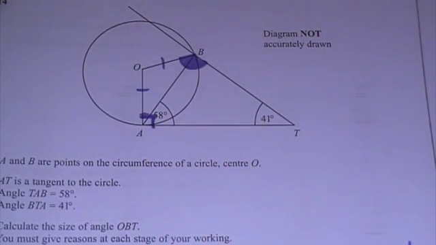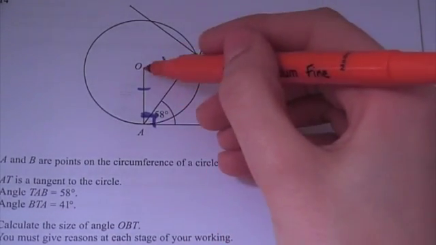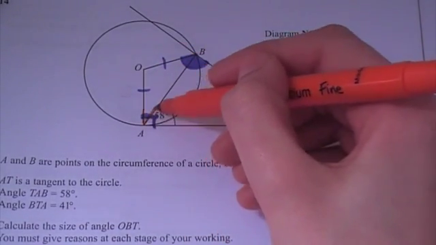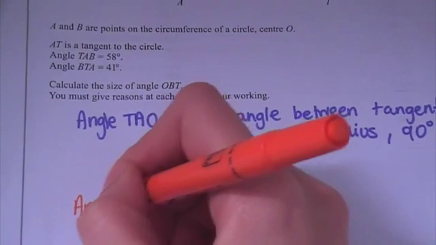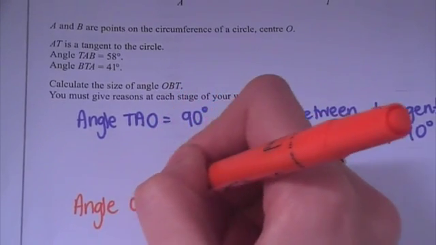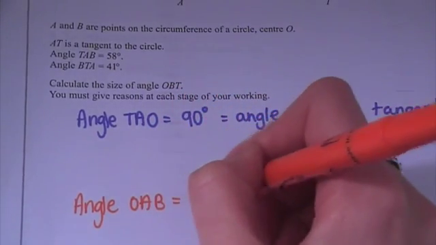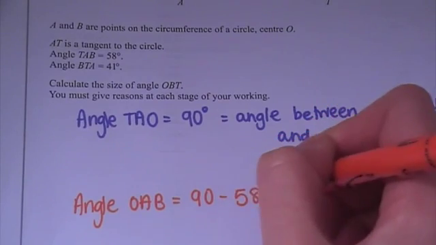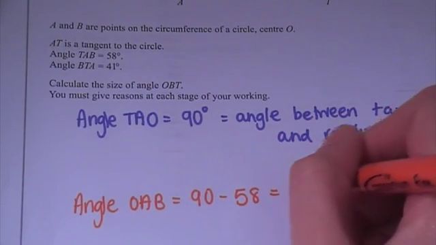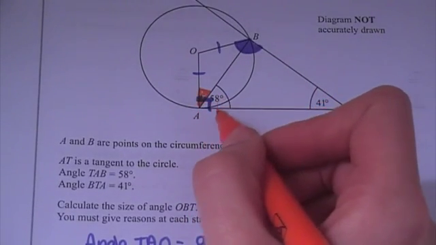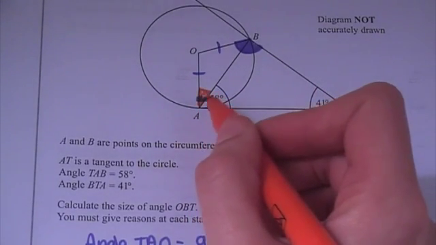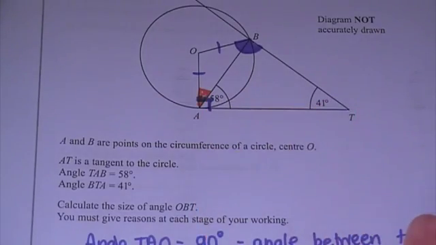That must mean that angle OAB, so this one here, angle OAB equals 90 minus 58 to 32 degrees. We know that because that whole angle is 90, we've got 58, so this one here must be 90 minus 58, so it's 32.